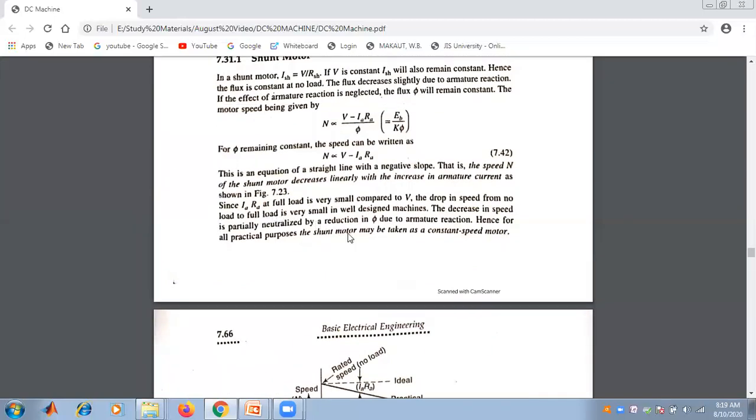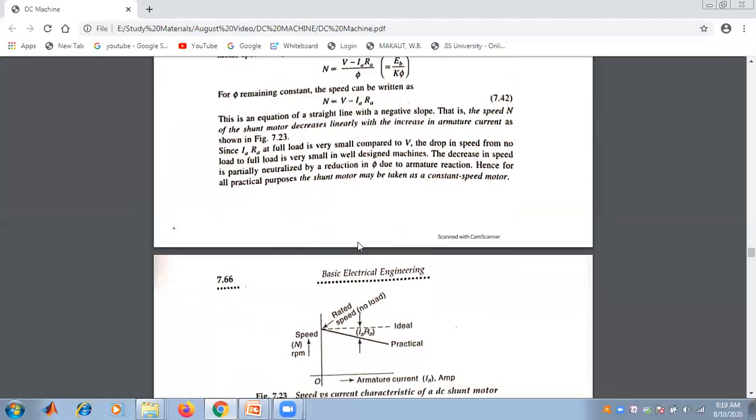Since Ia Ra at full load is very small compared to V, the drop of speed from no load to full load, that is Ia Ra, is very small in well-designed machines. The decrease in speed is partially neutralized by reduction in phi due to the armature reaction.